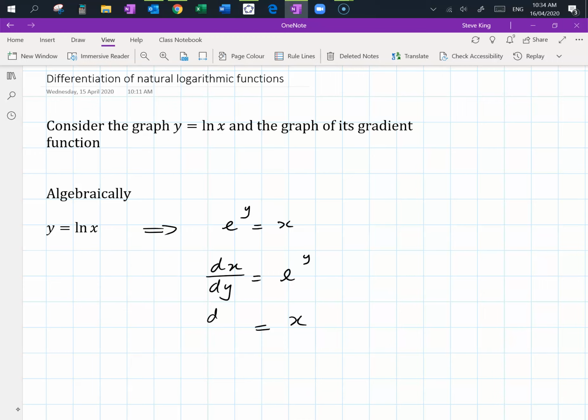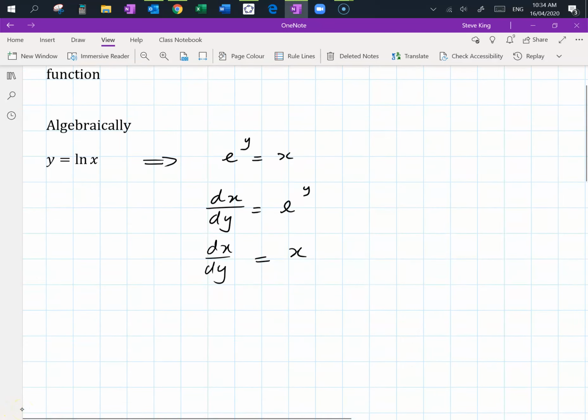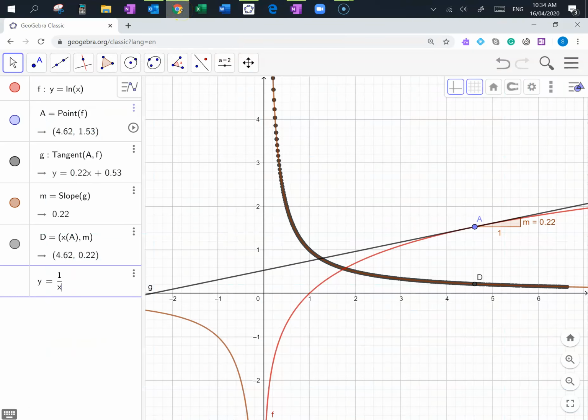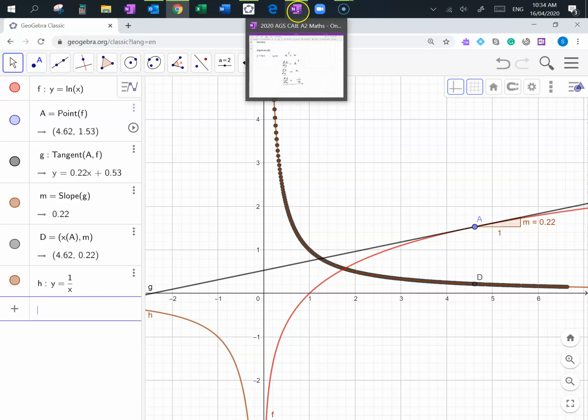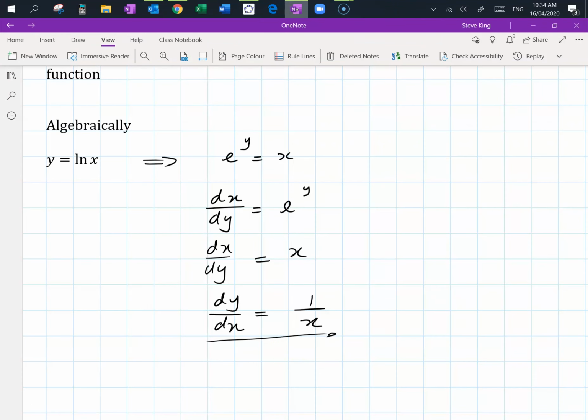So I've got that dx over dy is equal to x. Of course, if I rearrange that, flip this around, I can say dy dx, and that's going to equal 1 over x. And there is the hyperbola that we saw in the graph, the 1 over x part down the bottom here. So we have an algebraic explanation for this as well.